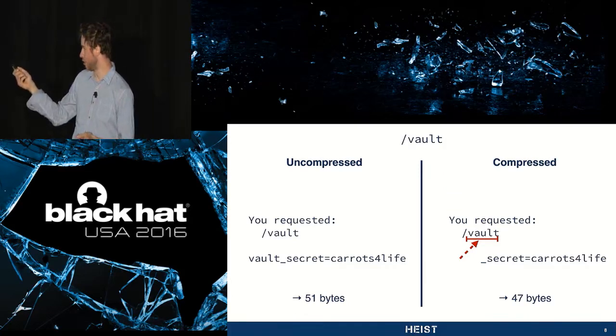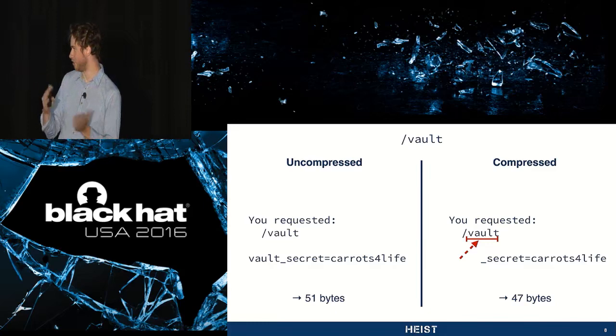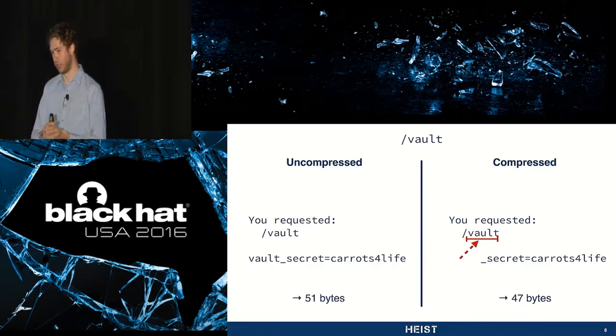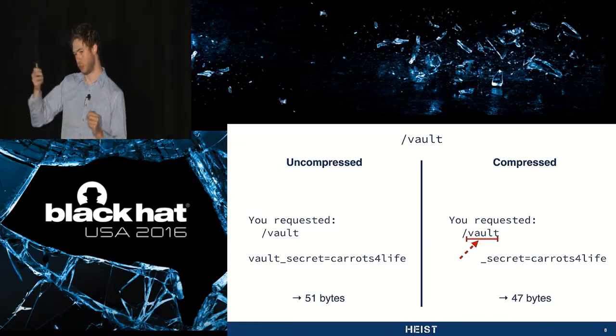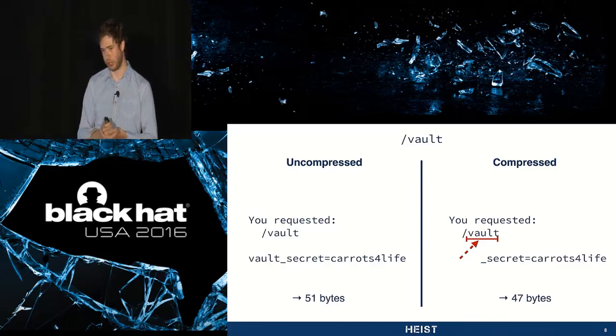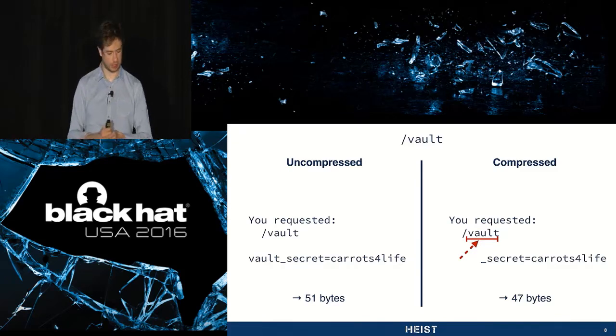So in this case, 5 bytes disappear because we have the vault, which is 5 bytes. They disappear and they're replaced with a single byte, a back reference to the string. So as a result, the compressed resource now has a size of 47 bytes.